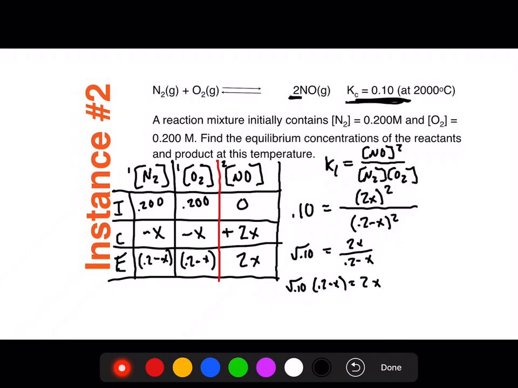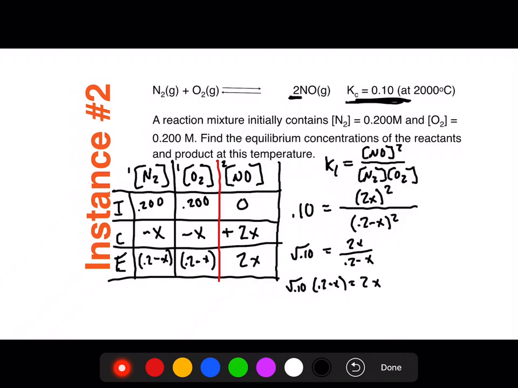What you're going to do then is distribute the square root of 0.10 into the equation, and then at that point you'll have the square root of 0.10 times 0.2 minus the square root of 0.10 times x. Then you can move the 0.10 x to the other side to combine like terms. I don't have enough room here, so I'm just talking you through it, and you'll end up with a square root of 0.10 equal to about 0.3.